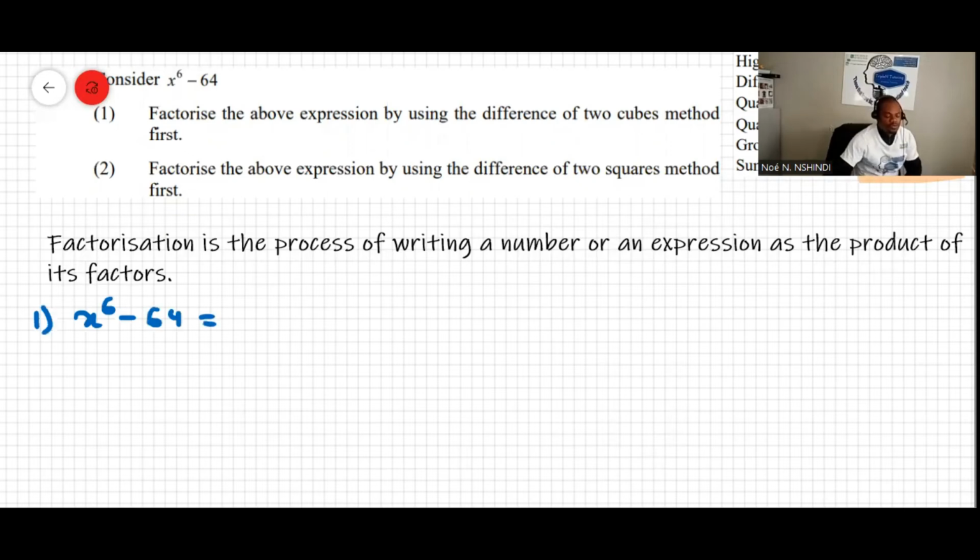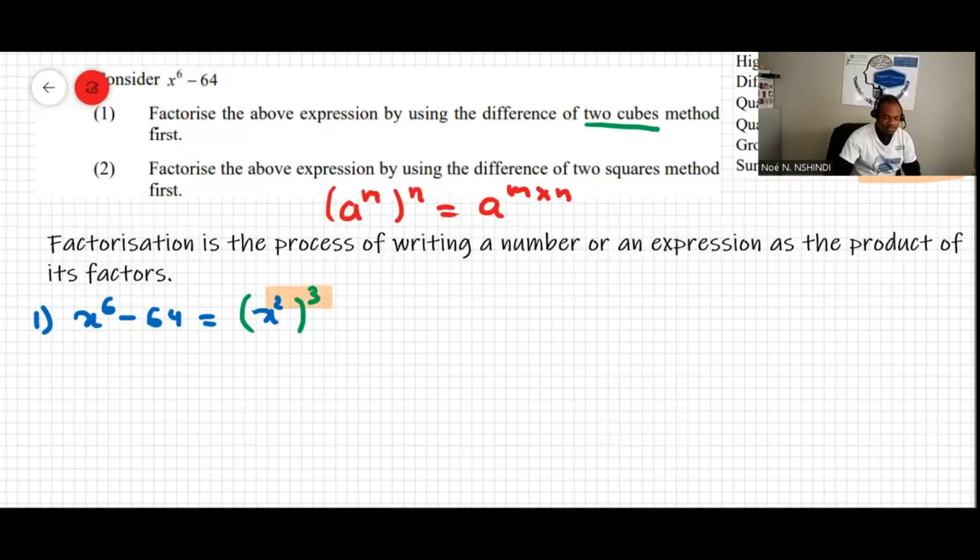Now, we do know that x to the power 6 can be written as x, we can put the power of 3 there because the question says by using difference of 2 cubes. So I can put the power of 3 there, and then within the bracket, I'll write x squared, knowing that this formula, a to the m, to the power of n, is equal to a to the m times n. So if we multiply the exponents, it's going to be x to the power of 6.